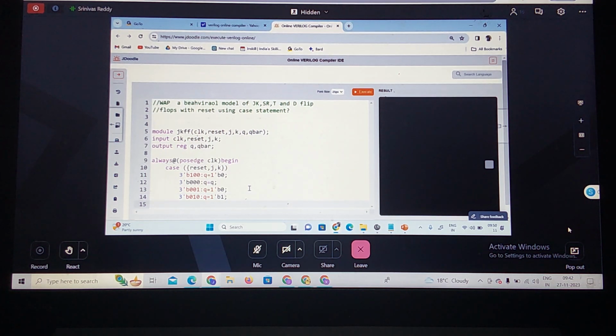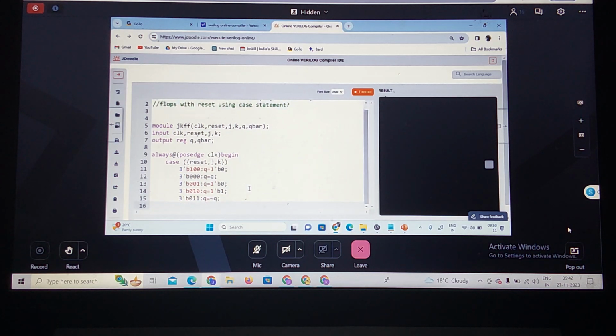Next, what is the next one? 3 tick B, 0, 1, 1, 1. Q is equal to what? Q is equal to not of Q. This is toggling. Then default, what can I write?